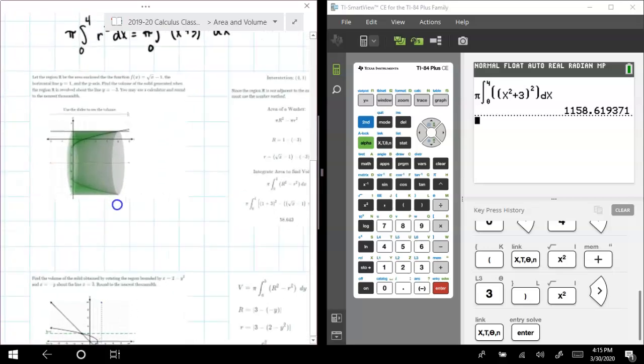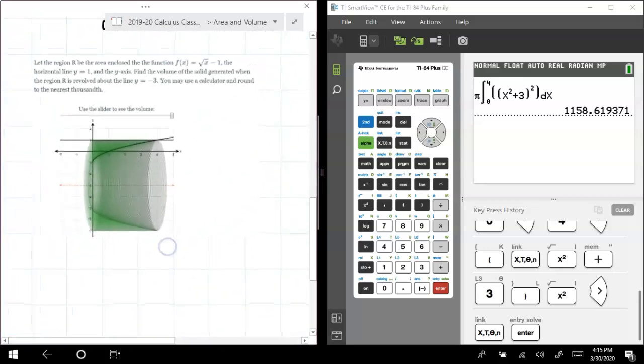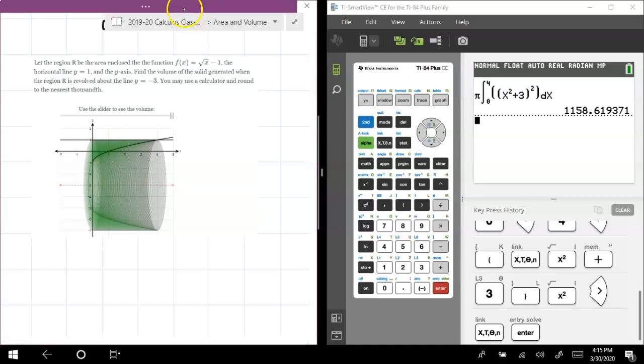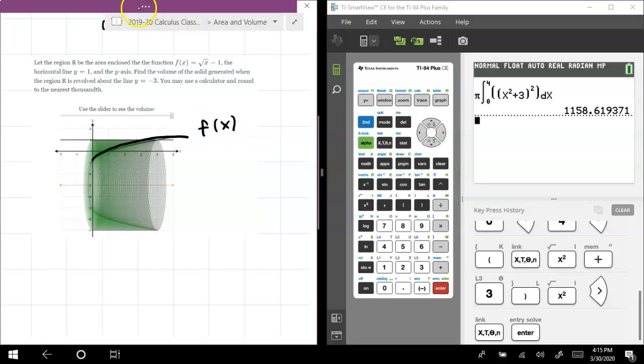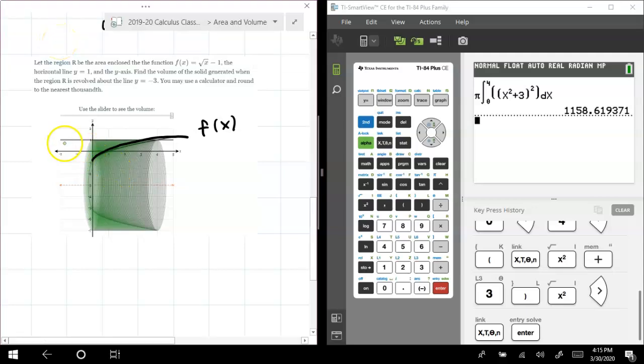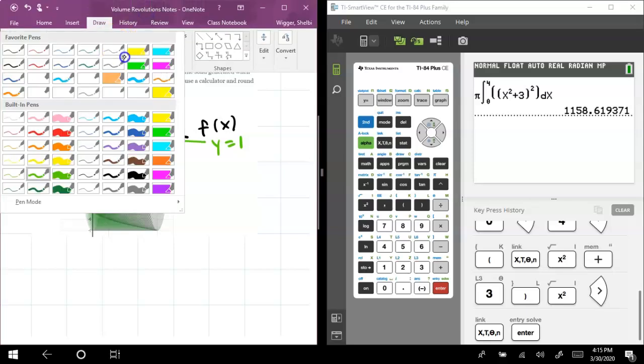Alright, let's do another example. Let the region R be the area enclosed by the function f of x equals root x minus 1, the horizontal line y equals 1, and the y-axis.